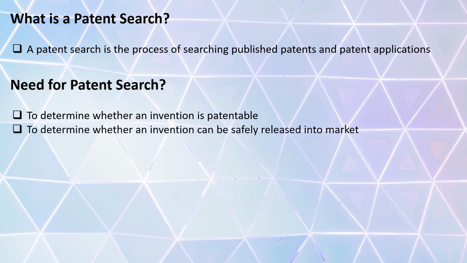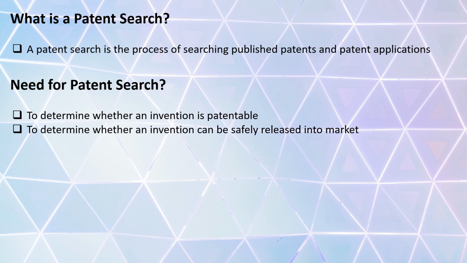Okay. Now the second point is to determine whether an invention can be safely released into the market. This kind of search is popularly known as infringement search. And this is done because, let's assume that a company releases a product in the market which is already protected by a patent from someone else or some other company.